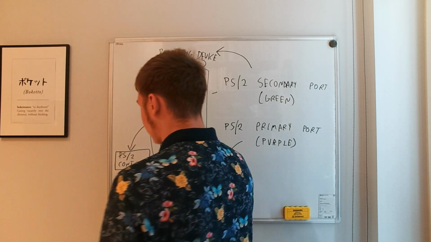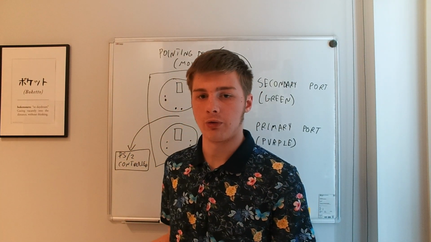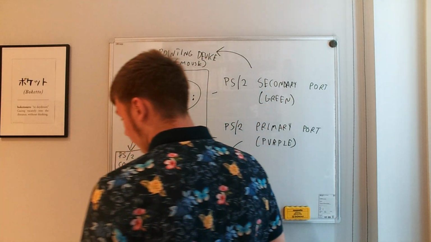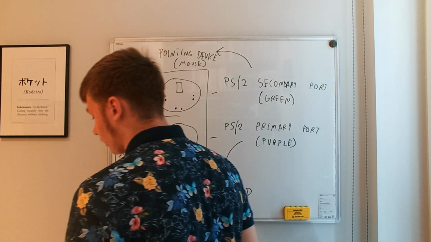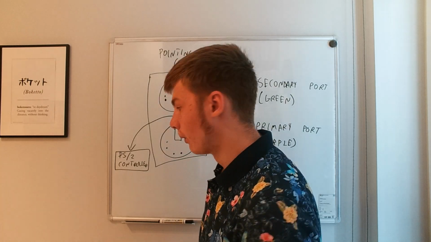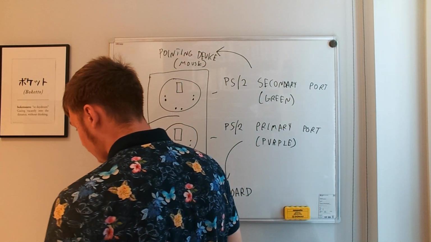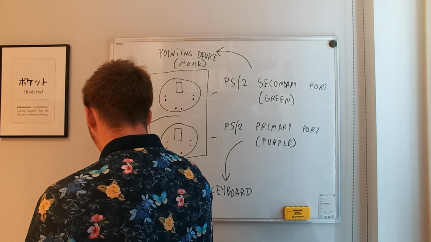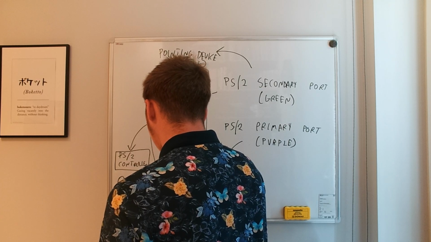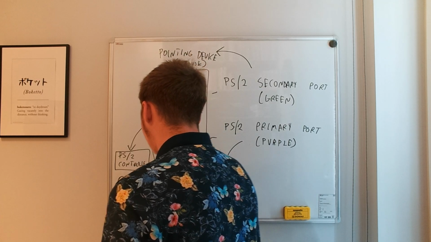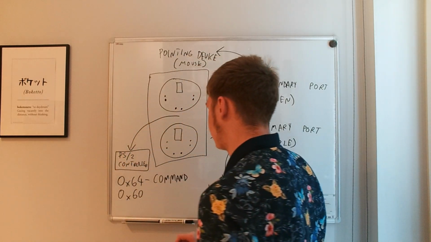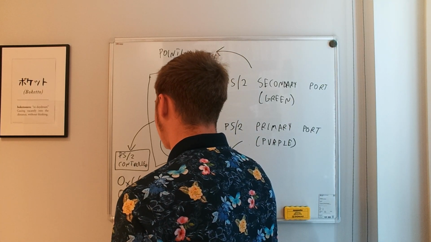The CPU can communicate with the PS2 controller using its I/O bus. So this PS2 controller has a data and command I/O port. It has those ports, and hexadecimal 64 is its command port, while 60 is its data port.